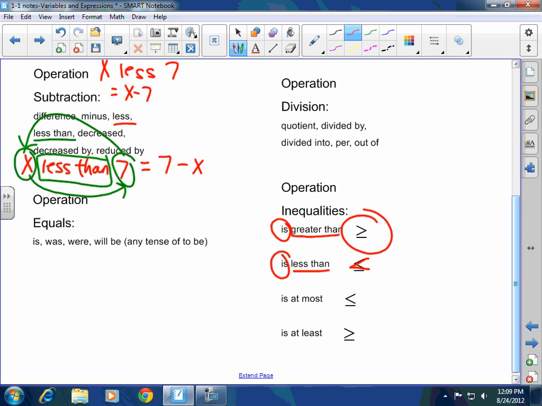Now, I have is at most and is at least. This is a lot of times written in word problems. At most is less than or equal to. Let me try to explain it so you can understand. Mr. Morrow is at most 40 years old. What does that statement mean to you?